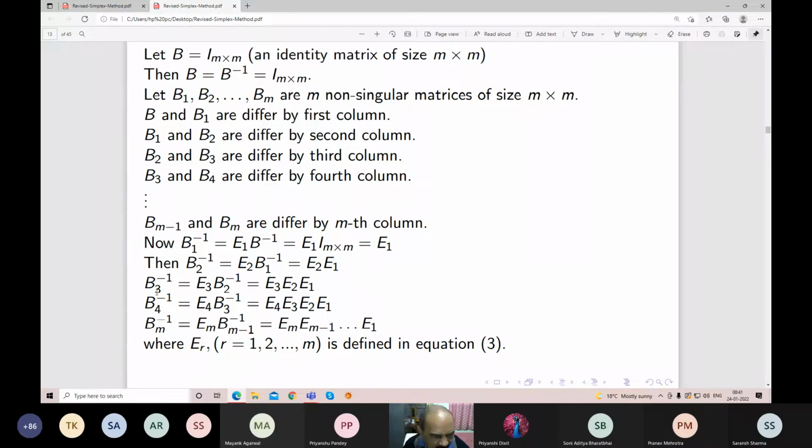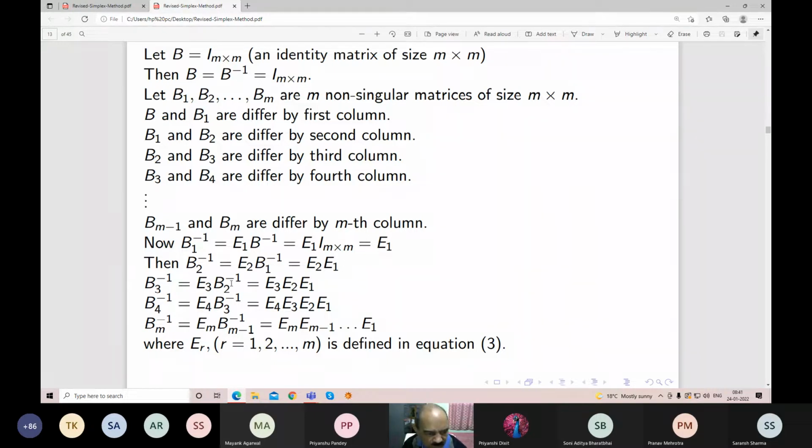Similarly, we can find B3 inverse. B3 inverse equal to E3 into B2 inverse. What is E3? E3 is an identity matrix where the third column we are replacing with eta vector and we are multiplying B2 inverse.